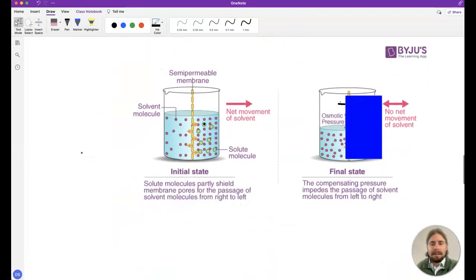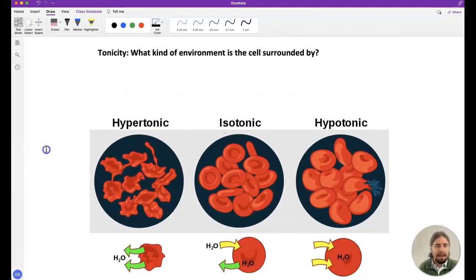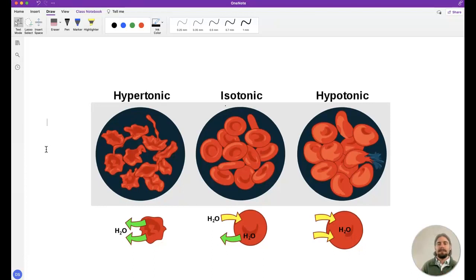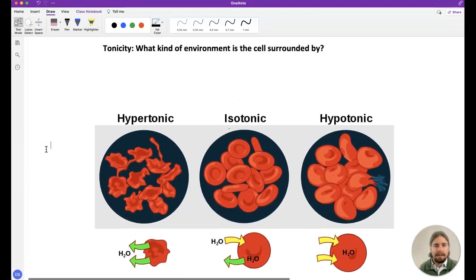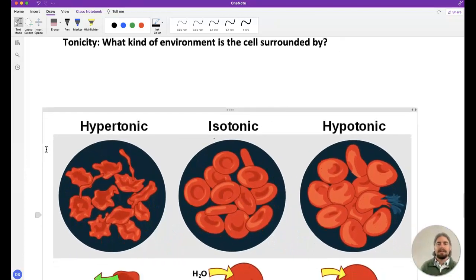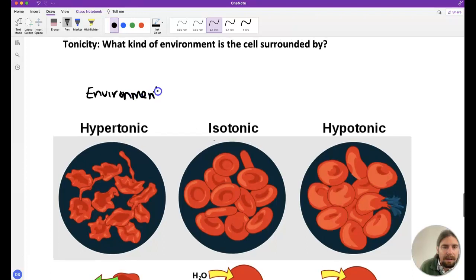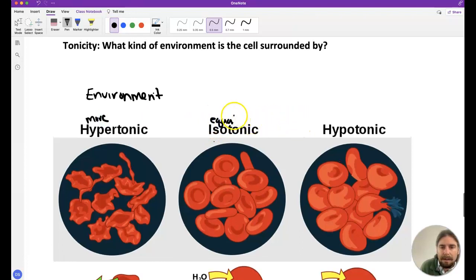So why does this matter? When it comes to cells, the environment sort of dictates the movement of water in and out of the cells. And you may remember these terms: hypertonic, isotonic, and hypotonic. And each of these terms refer to the environment that a cell finds itself in. Hyper meaning more, iso meaning equal, and hypo meaning less.